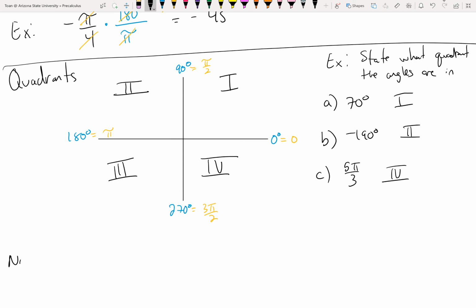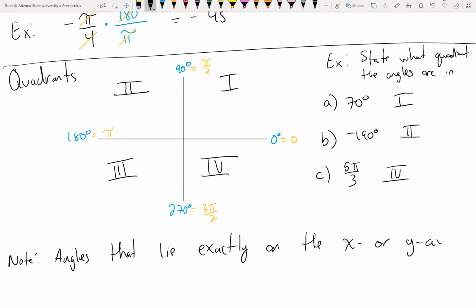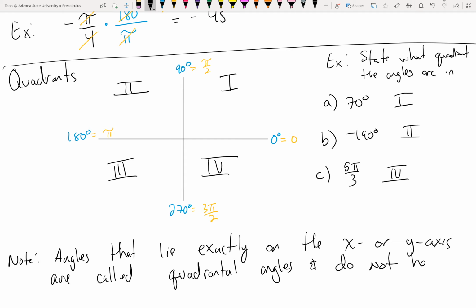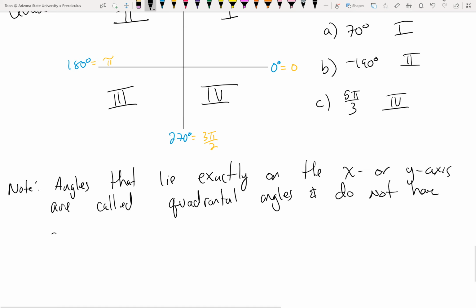Do note angles that lie exactly on the x or y axis are called quadrantal angles and do not have a quadrant.